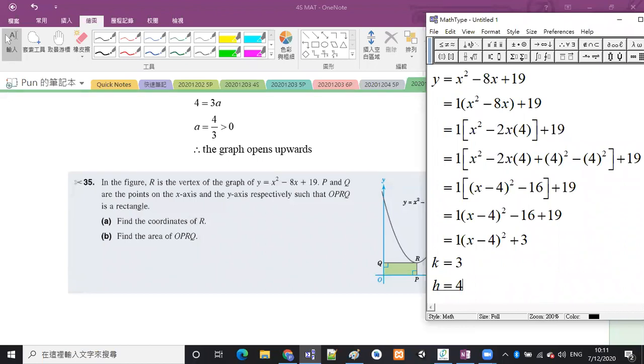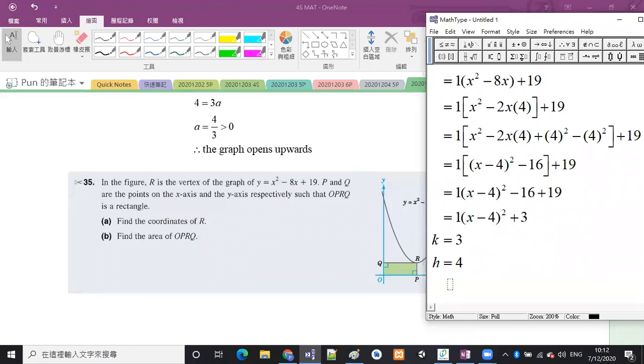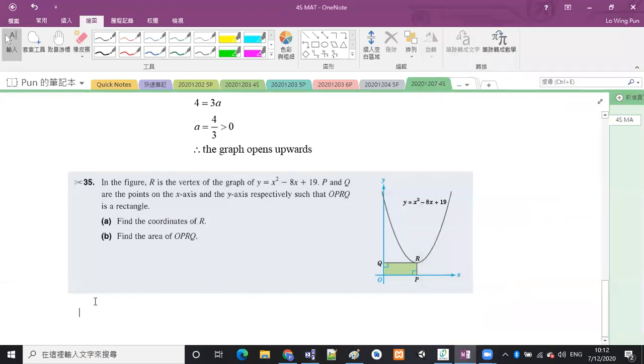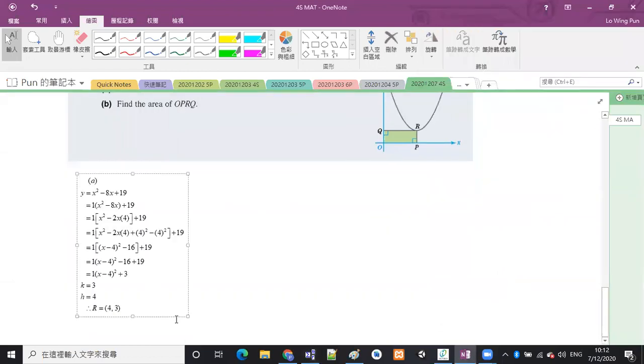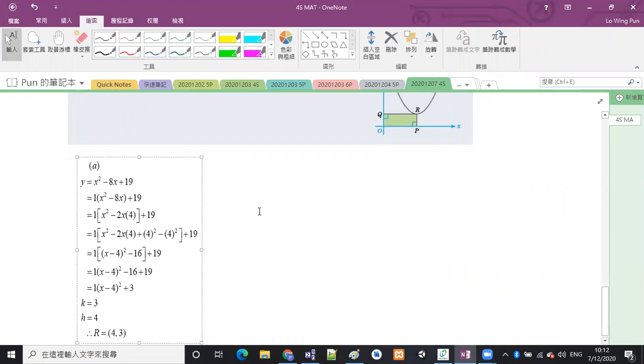The a is 1. Therefore, the coordinates of R will be equal to (4, 3), because that is the vertex, the coordinates of the vertex. Got it?